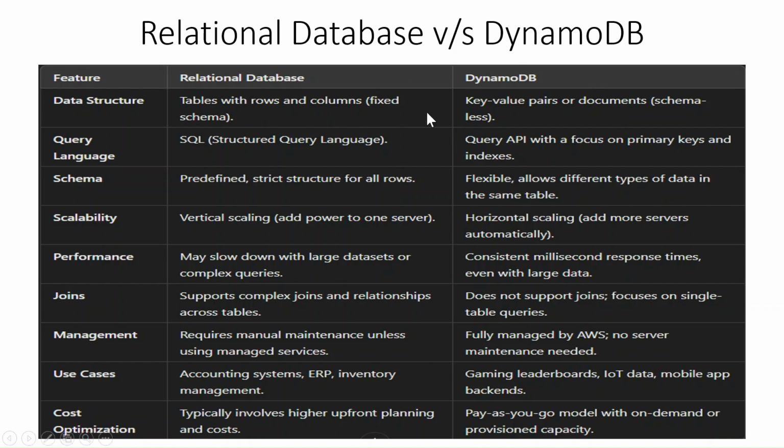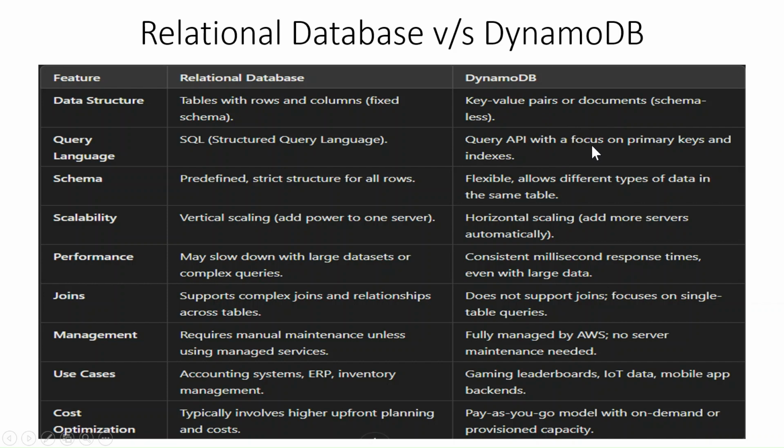But DynamoDB stores the data in the form of key-value pairs or documents. The relational database uses SQL, a structured query language, to query data, which allows complex joins and relations between tables. But in DynamoDB, queries focus on retrieving data based on the primary key or the indexes.